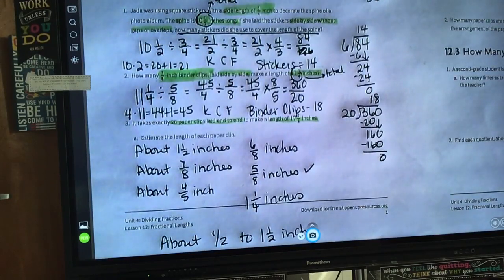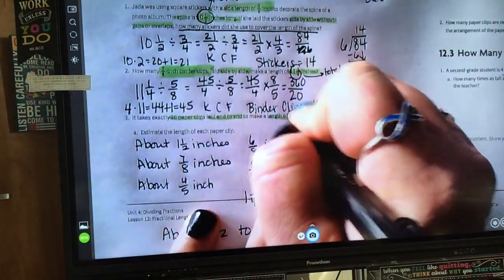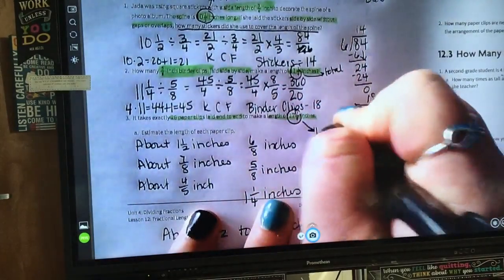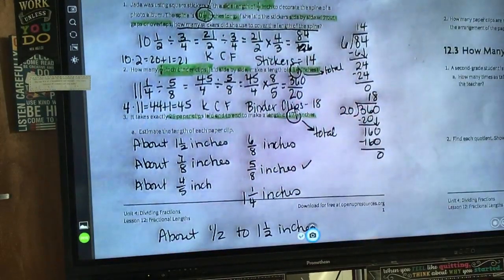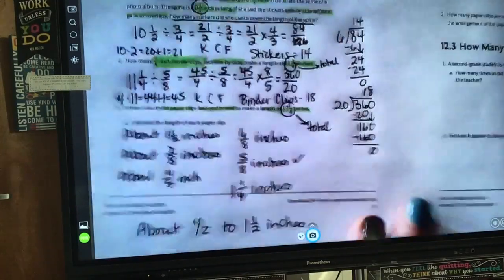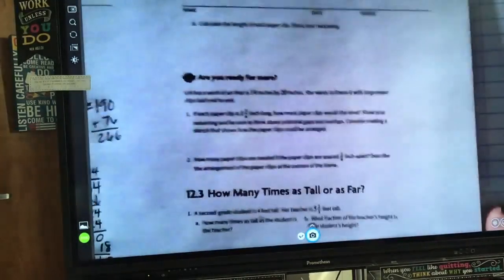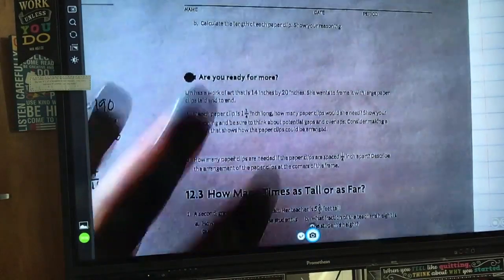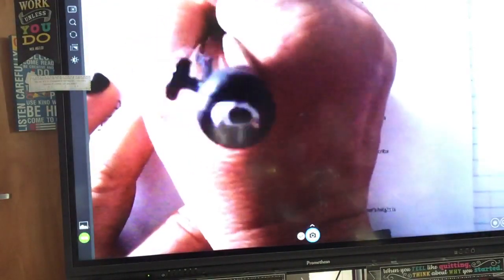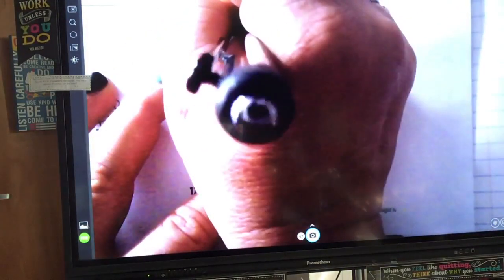Because that's how many paper clips we have, and we need to figure out how long they are. Right. So this is your total. This is also a smaller number than the other one. So we cannot get in that mindset that 26 is bigger, therefore it's gotta go first. That's not true. So you have 17 and 7/8 divided by 26.